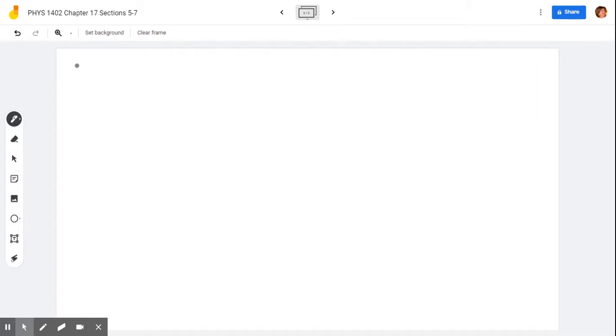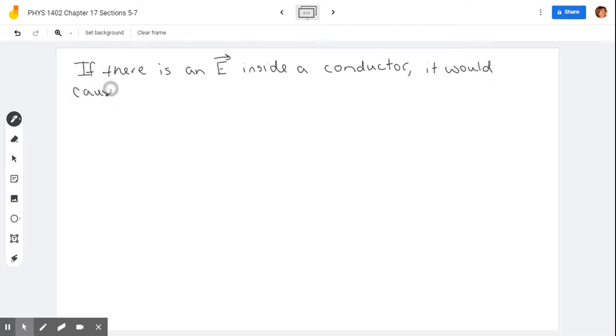Now, if there is an electric field inside a conductor, there's our symbol for an electric field, inside a conductor. So let's suppose we have a ball of metal or something. The result is it would cause charges to move.